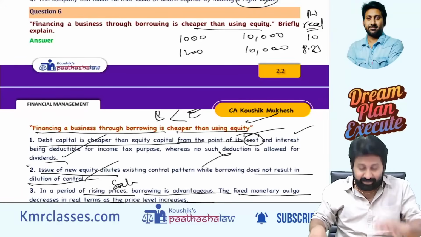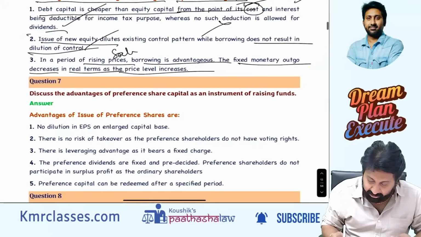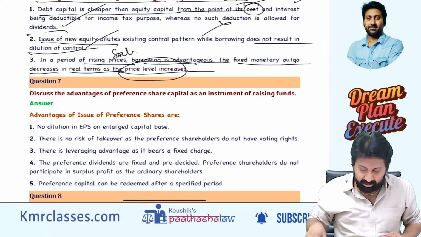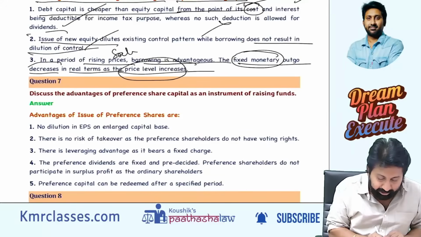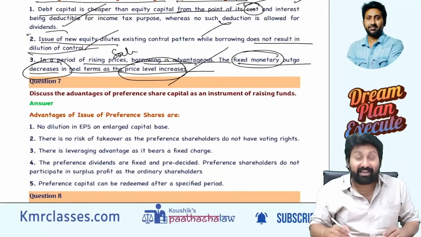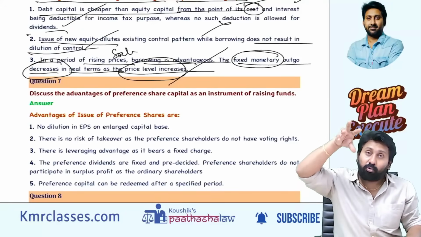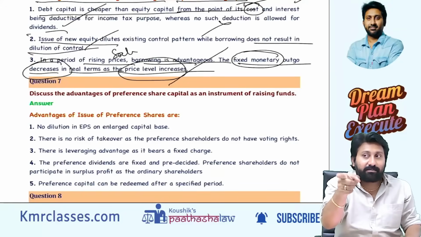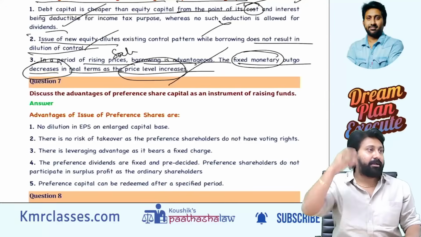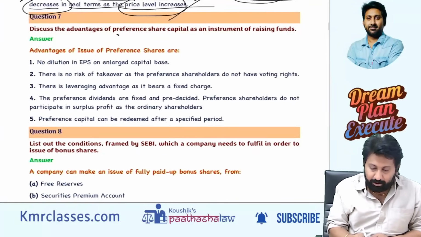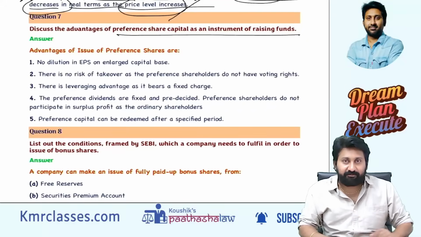Means in real terms, fixed cost is reducing, or not? So the fixed monetary outgo decreases as the price level increases. As the selling price increases, the overall fixed cost will be the same, but in real terms the per unit cost is slowly coming down. Read the 3 points.